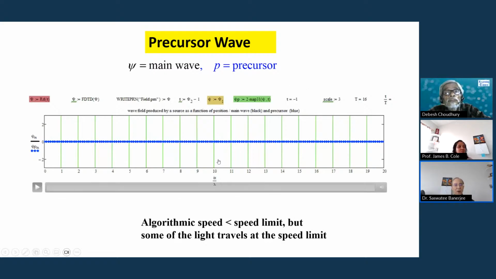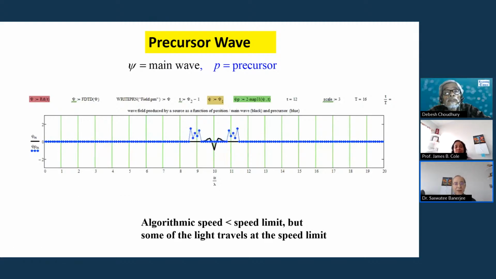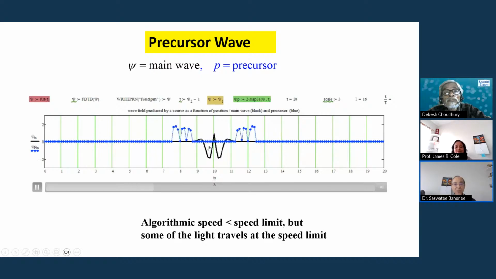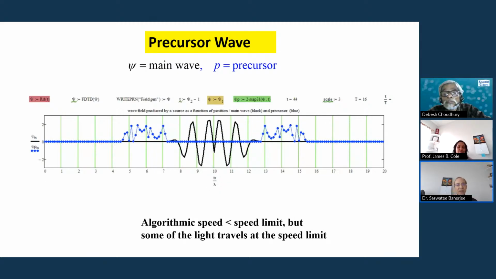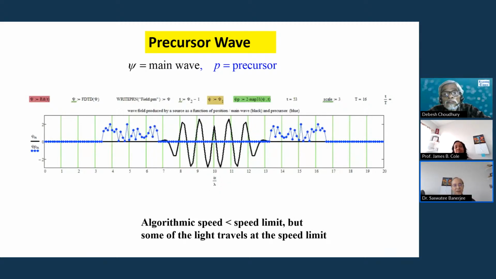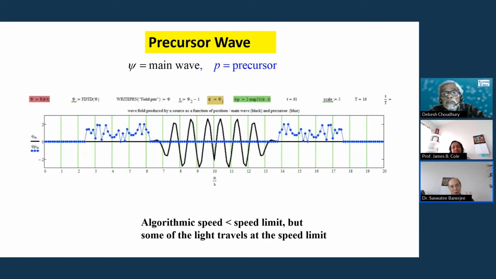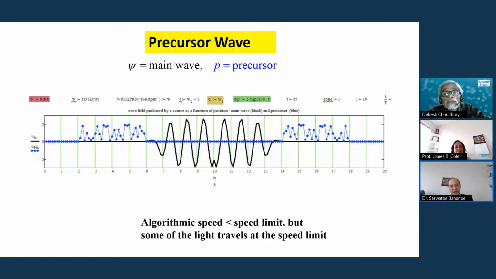So I'm going to look at a one-dimensional wave. Let's start it. Here's a source right in the center, and it's generating a wave. This black line is the main signal. This is the light going at the speed of light that I set below the speed limit, so less than 1.